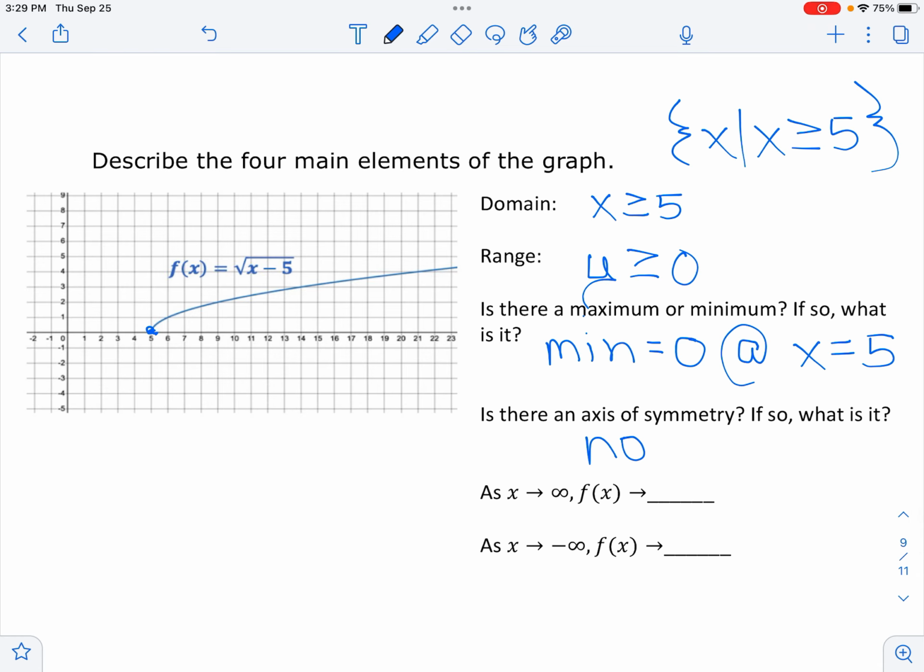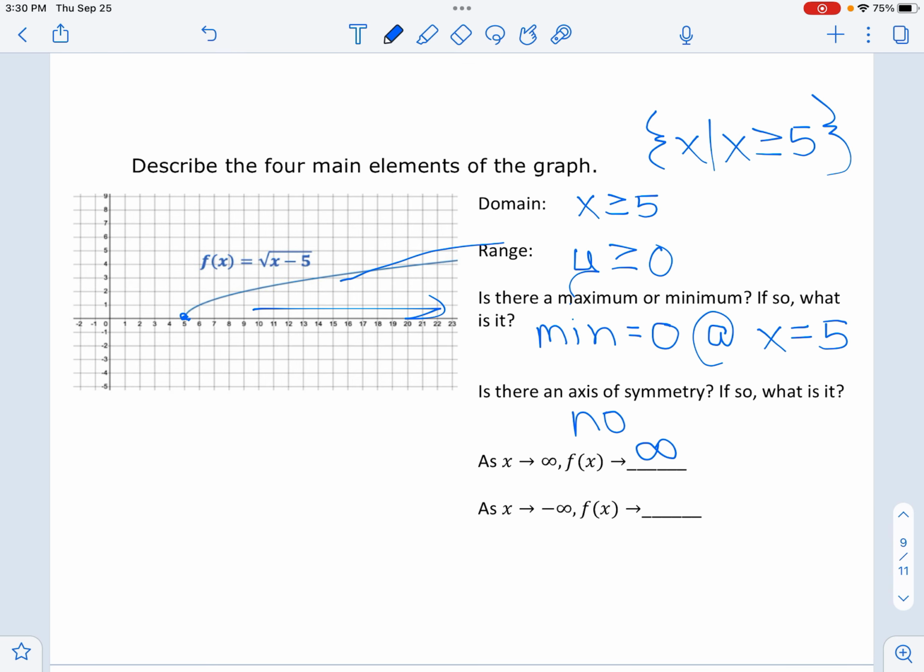As x approaches infinity, as we go this way, what's happening with the graph? Well, it is getting bigger. So the graph is approaching infinity. Now, this next one is kind of odd. As x approaches negative infinity, what's going on with this graph?